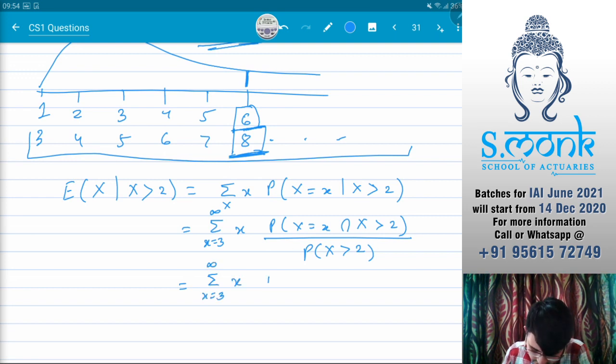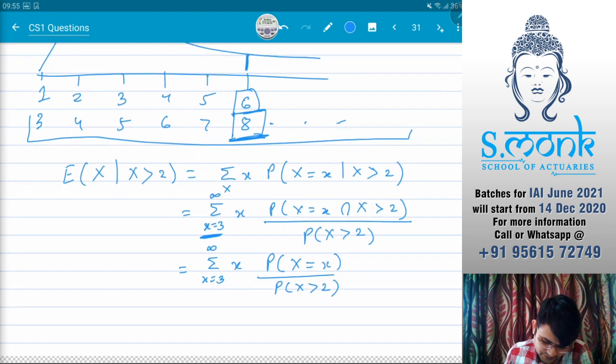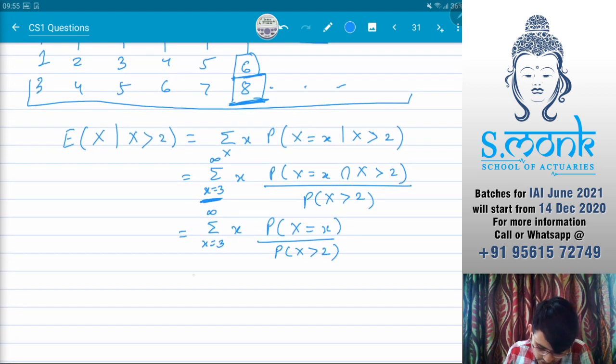And here, because we have taken x going from 3 to infinity, it is just probability of x, upon probability of x greater than 2. This is what I was saying. It is going to be nothing but 6 divided by 1 minus 1 by 6 whole square.